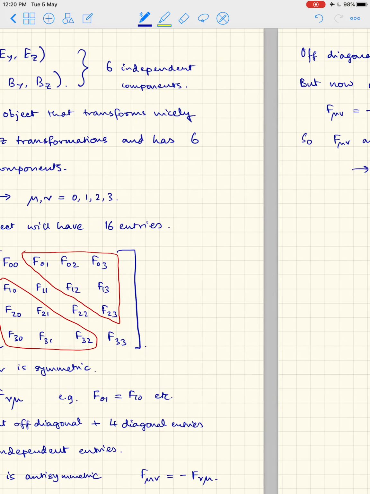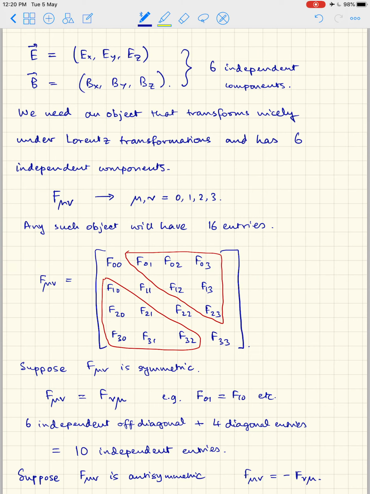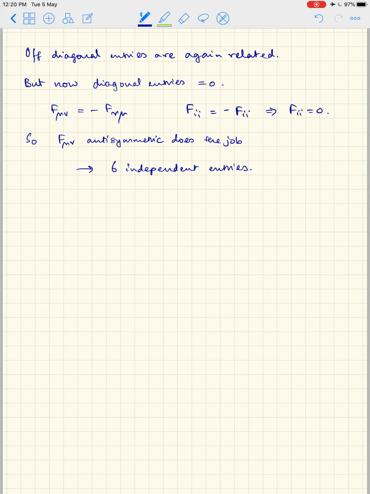Okay, so we want to build some second rank object F mu nu such that it will transform nicely under these Lorentz transformations, and it will also be antisymmetric in the indices mu and nu, so that there will be 6 independent components. Now, what is F mu nu? What can we form?